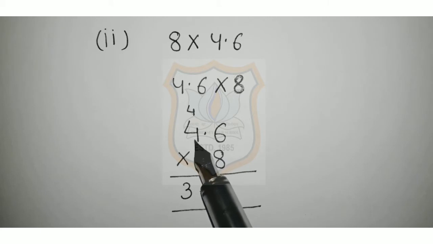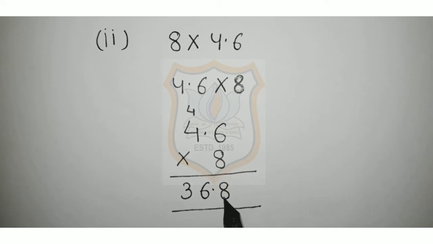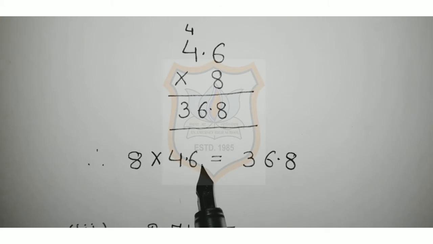Now see, in 4.6 decimal is after one digit, that is after 6. So in answer it will come after one digit, that is after 8. So decimal will come over here. So our answer will be 36.8. Therefore 8 into 4.6 is equal to 36.8 and that is the answer.